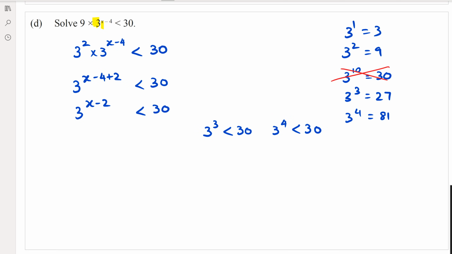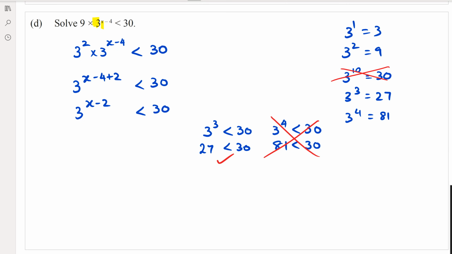So let's have a look. We know that 3 to the power of 4 is 81. And 81 is not less than 30. So that means this is actually incorrect. So the next best thing is that it has to be 3 to the power of 3. 27 is less than 30, which means that actually works out.